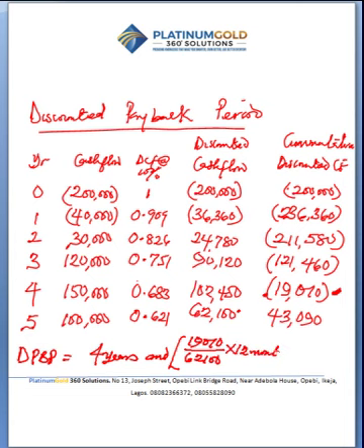So we want to know the number of months it took the company to make that amount of money. That is about 4 months. So we can say that the discounted payback period is 4 years and 4 months. The company realized the money back within 4 years and 4 months.